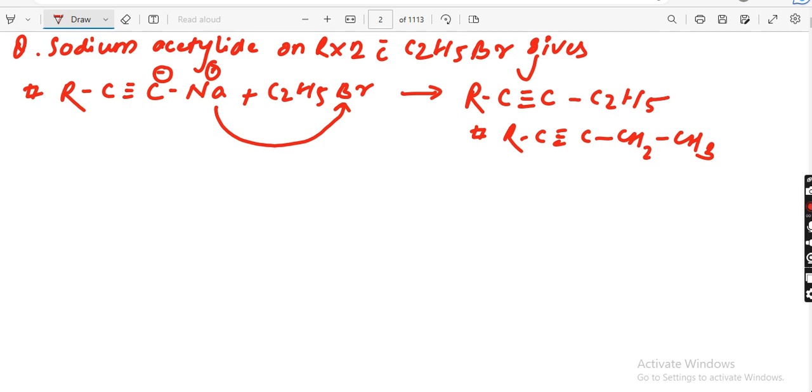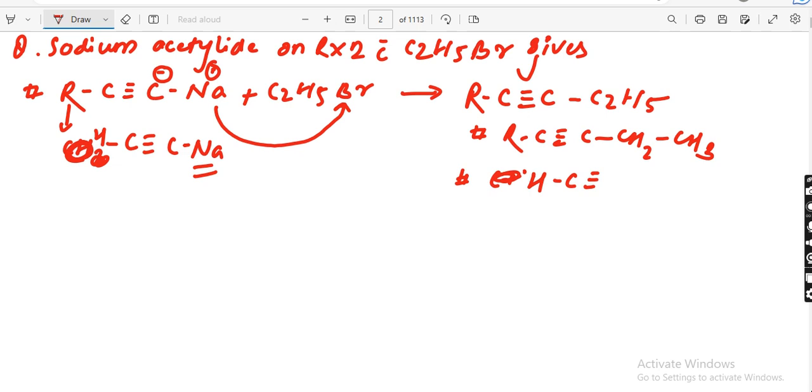So the option is actually the same. Sodium acetylide means this R group is actually H. Acetylene means two carbons only, right? So R is replaced by H. So put here H: HC≡C-CH2CH3.